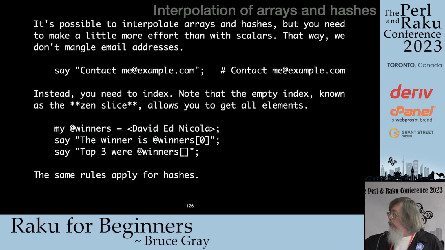If you want to interpolate one or multiple elements, you just use square brackets and the elements you want. If you use empty square brackets, it's a Zen slice. And that's what triggers the interpolation. And by the way, it interpolates with spaces between them. It doesn't run everything together the way Perl would.